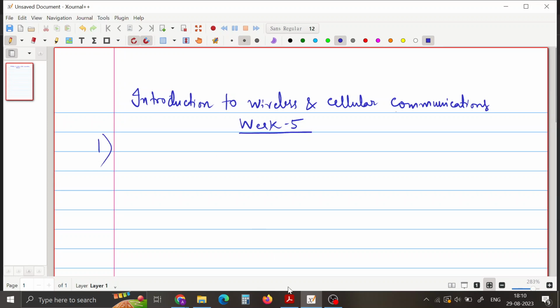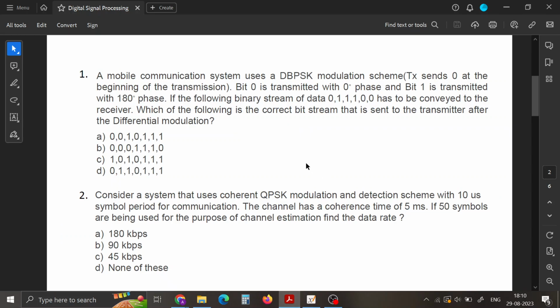Please read the first question. The DBPSK modulation scheme is used here. DBPSK stands for differential binary phase shift keying.